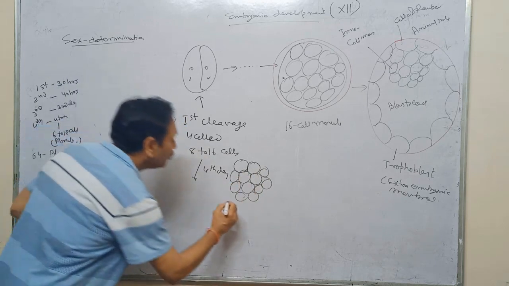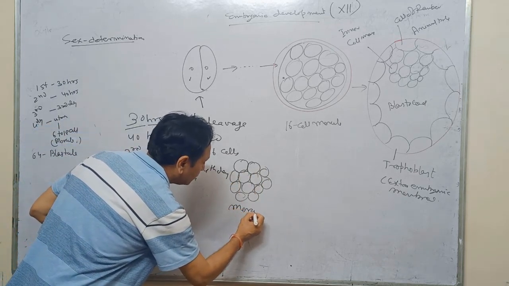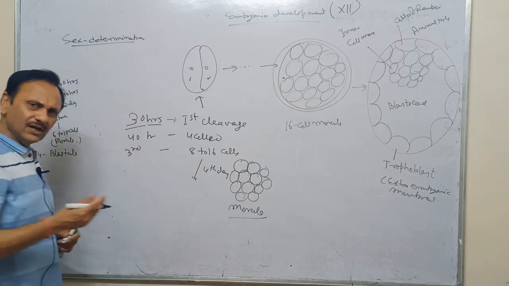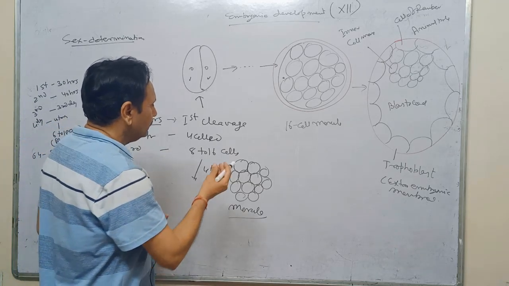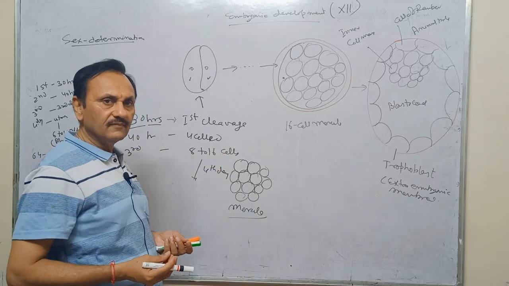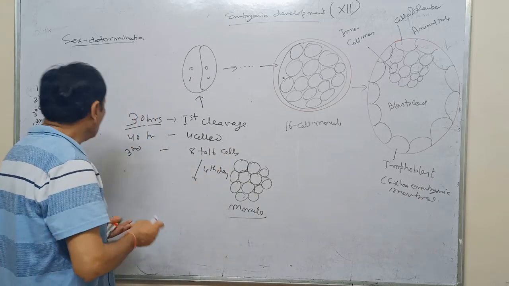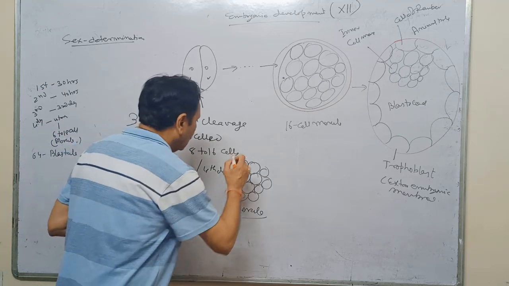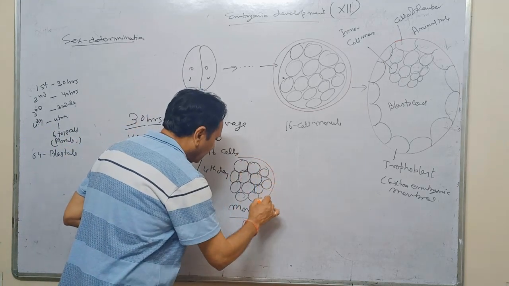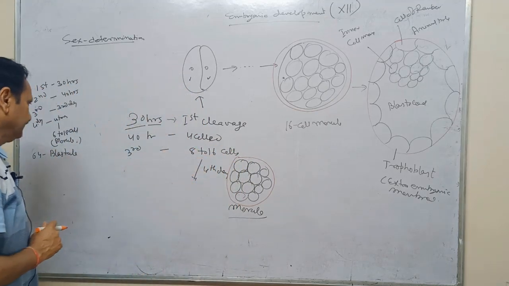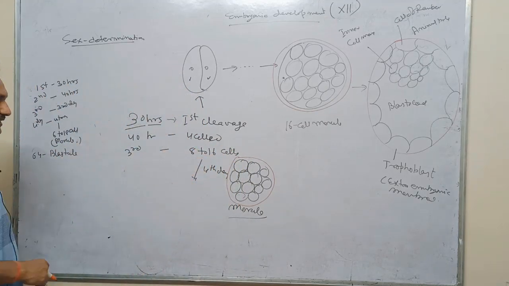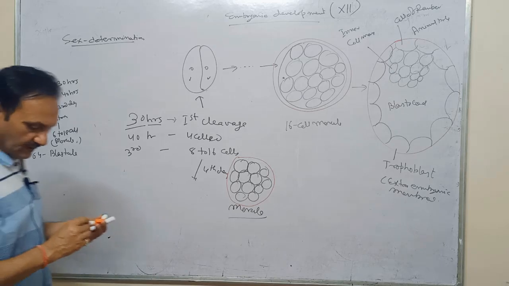It is called the morula, because externally it looks like a spotted structure. A well developed zona pellucida is still present on it, and it will be shifted into the uterus.